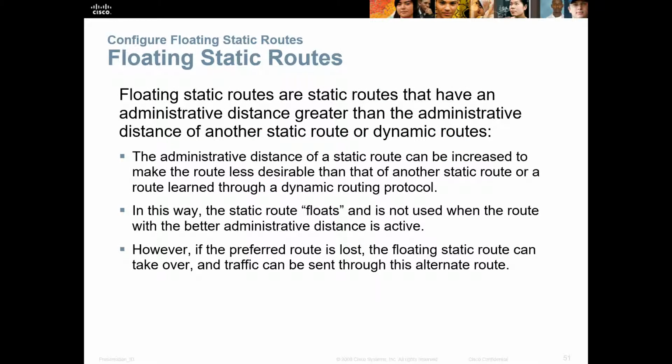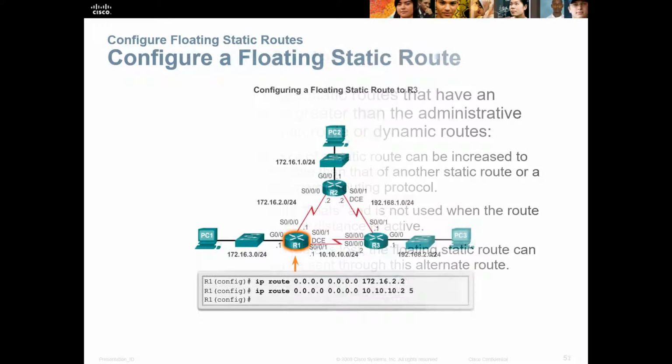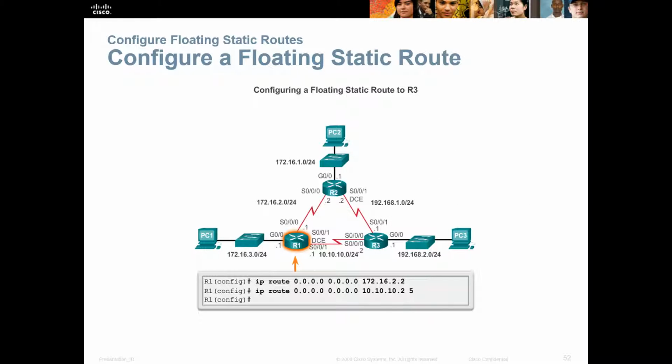Floating static routes are static routes that have an administrative distance greater than the primary one. Same thing that we've done with IPv4. But now we're going to show you how to up the administrative distance. Here we have two static routes. Notice the second route has 5.